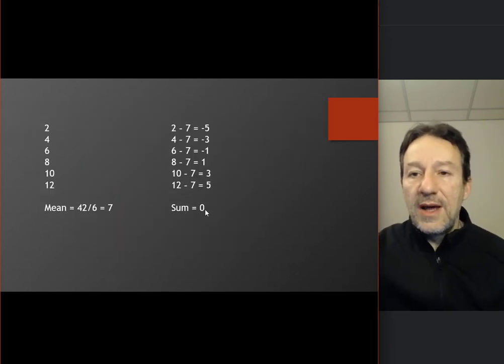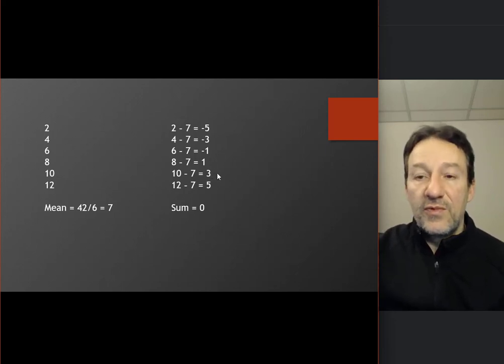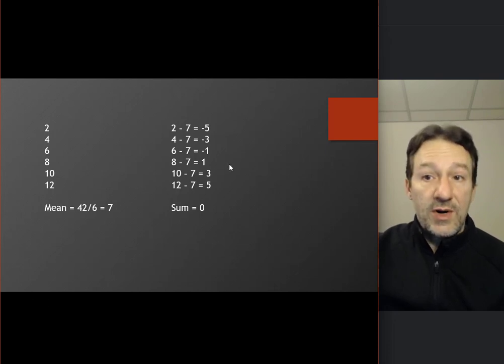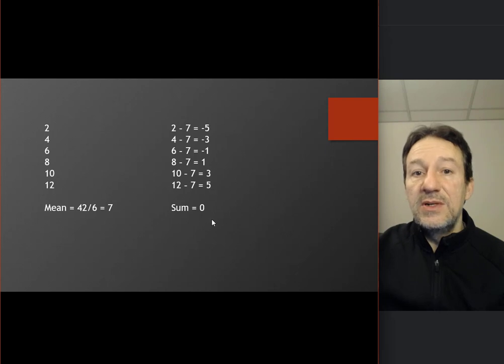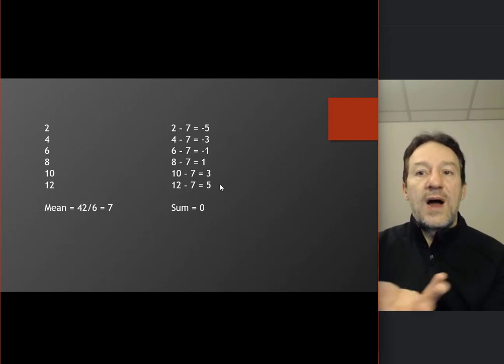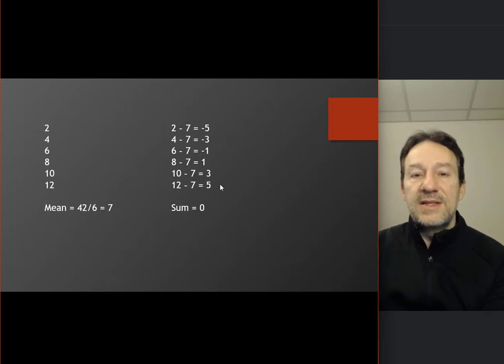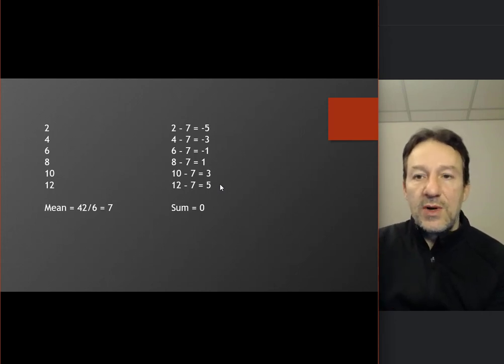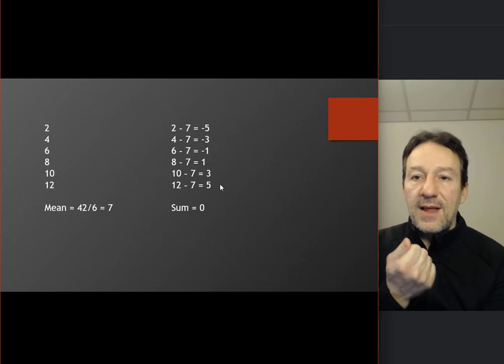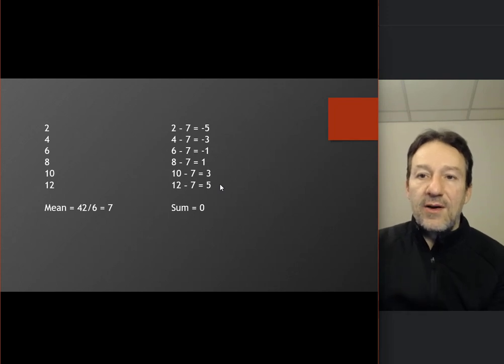When I was talking about how if we add all of our deviations up from the mean from each score, it's always going to equal 0. If we didn't know what this last variable was, we actually would know that it's a 12. The reason being is because we know this is going to add to 0, and so we'd be able to figure that out. We would be like, oh, we're 5 off. So what does this number have to be? It has to be this 12, meaning that that last number cannot vary.